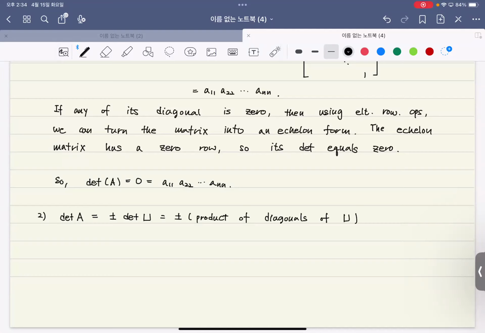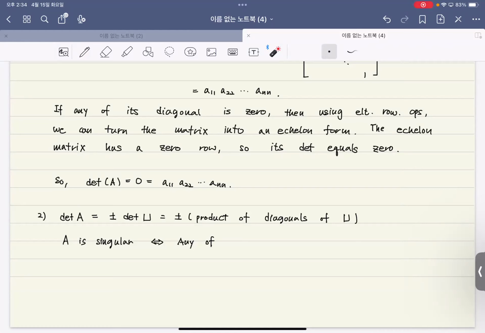And also you have to remember, the matrix A is non-singular if and only if your matrix is a full pivot matrix.